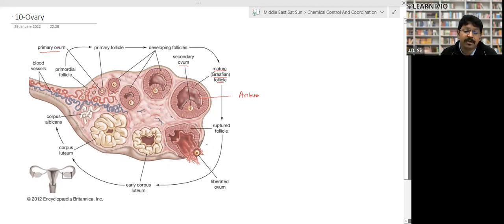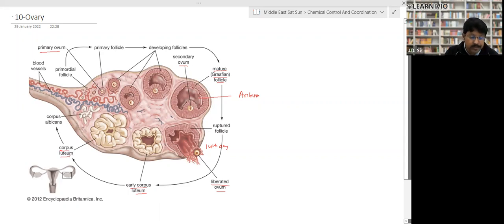At the 14th day of the menstrual cycle, the ovum is liberated, and then the follicle starts contracting. This follicle does not degenerate. After the release of the egg, this contracting follicle is called the corpus luteum.